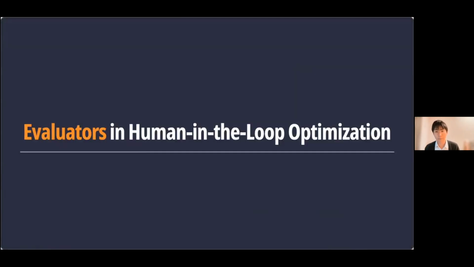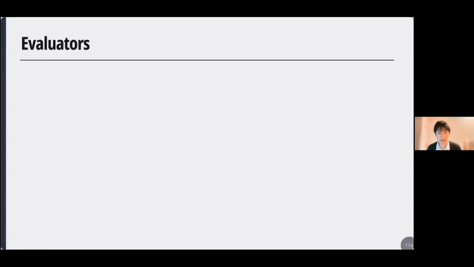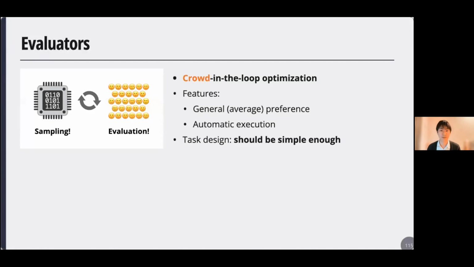Human-in-the-loop systems need human evaluators. Based on the types of evaluators, we can roughly classify human-in-the-loop systems into two categories. The first one is the crowd-in-the-loop optimization system, as seen in the previous slides. In this case, many paid crowd workers are repeatedly asked to perform perceptual microtasks.